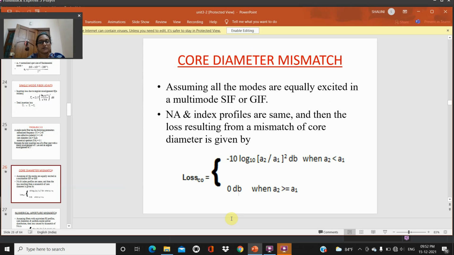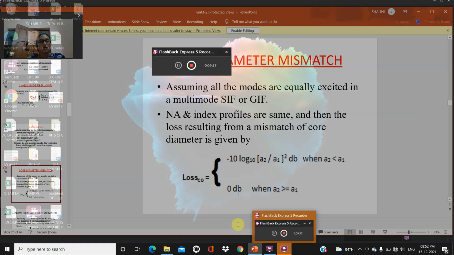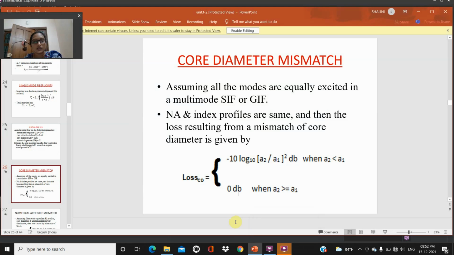Core diameter mismatch. So what is the core diameter mismatch? Assuming all the modes are equally excited in a multi-mode step index fiber or graded index fiber, and the NA and index profiles are the same, the loss resulting from a mismatch of core diameter is given by two conditions.